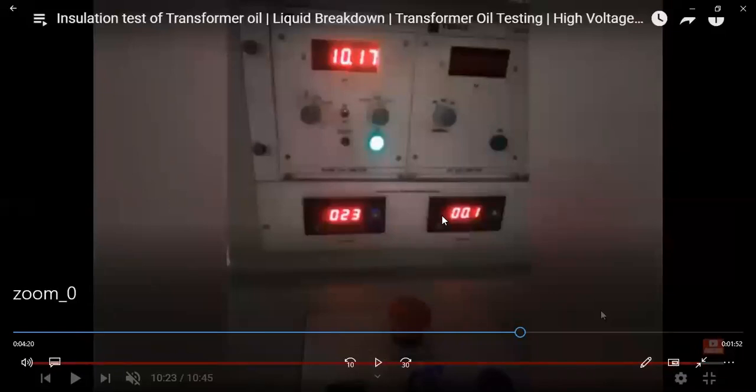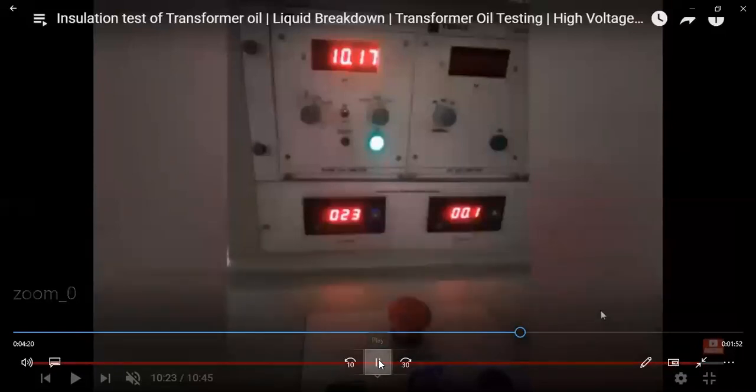Okay, for the same gap length between the electrodes, and that is because the oil strength has been weakened by the first operation, the first discharge. So that was all about the transformer oil testing, and now I will demonstrate.